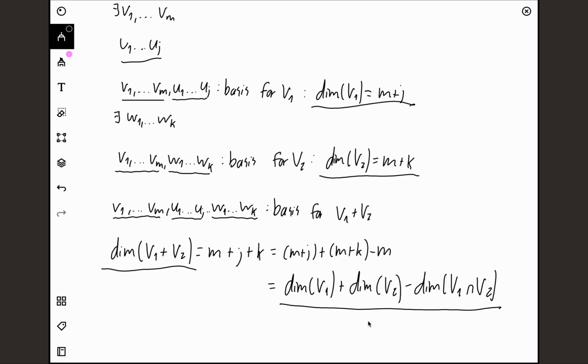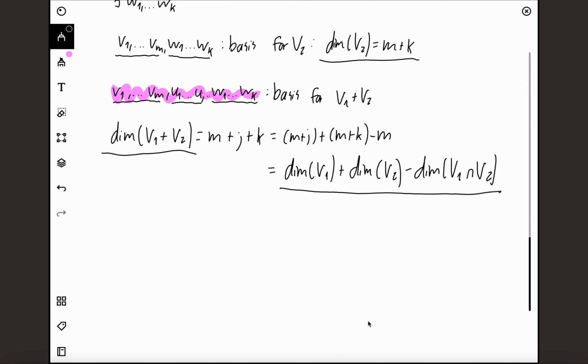So if we can show that these really are the basis vectors of V1 plus V2, then we have basically proved the theorem. How do we show that they're basis vectors? We can say that these vectors are basis vectors if they span the space V1 plus V2 and if they're linearly independent.